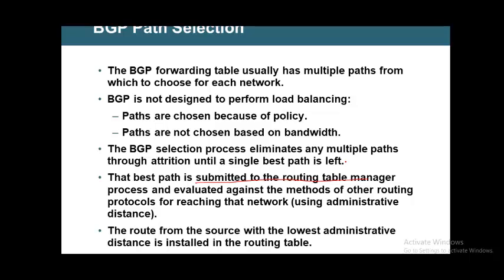So the BGP gives, and the routing table manager says, no, sorry, I can't use this. It's a RIB failure. Routing information base failure, meaning what? The routing table manager is not ready to use BGP's recommendation.